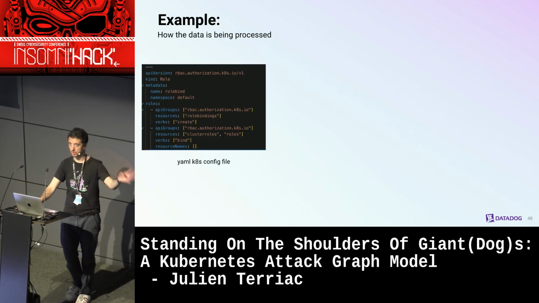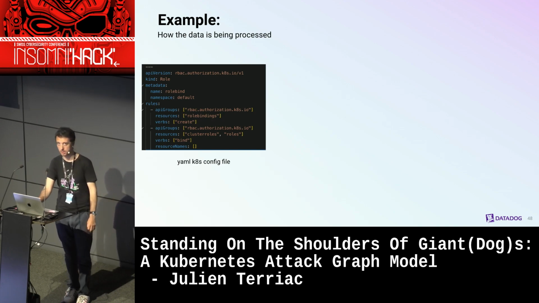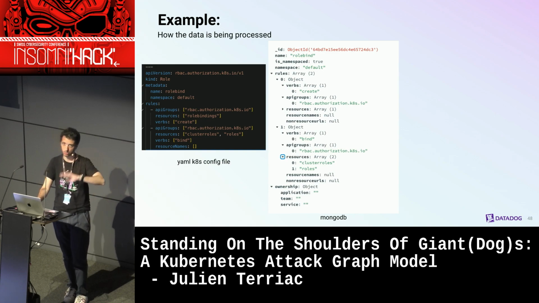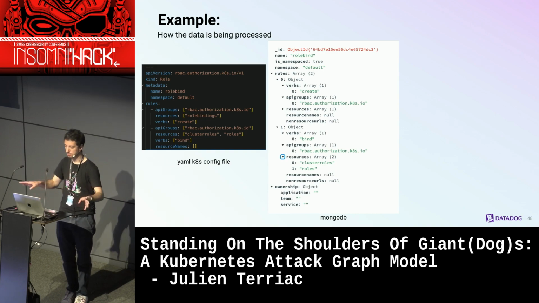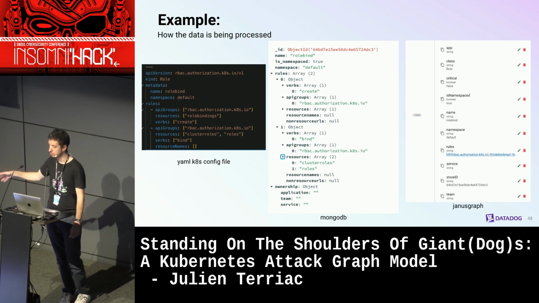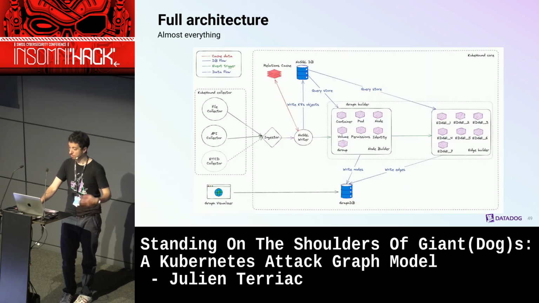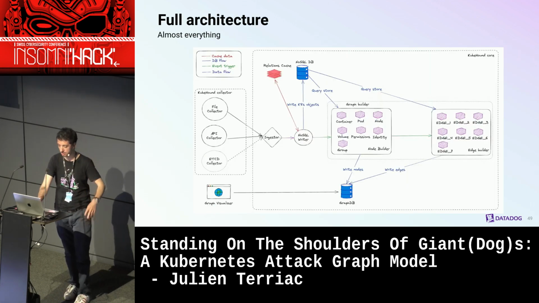If I make an analogy for the 3 parts, you have, say, the Helm chart of a Kubernetes object. From there, we put it into MongoDB, so we are able to query it pretty easily. And from there, you transform it into a graph entity. So that's the architecture.